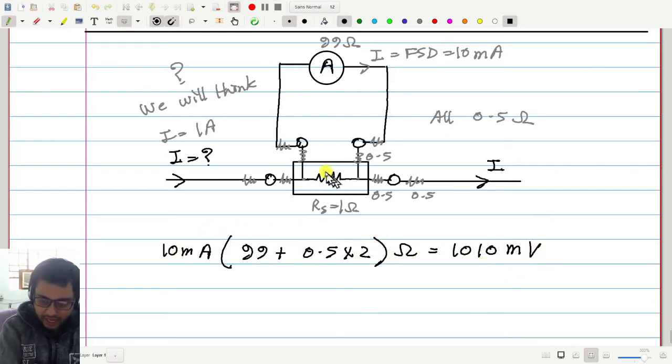Then this current will be 1010 millivolt divided by this resistance, which is 1.